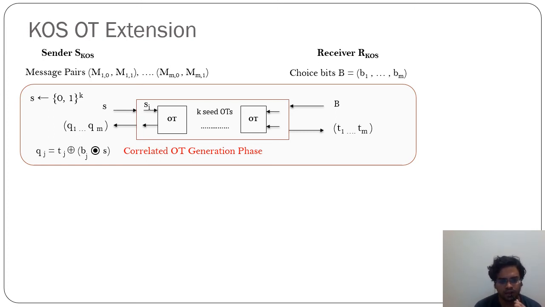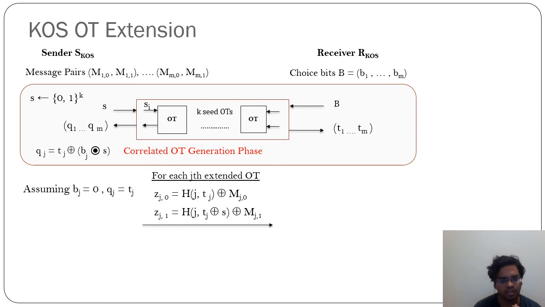Now they run a correlated OT generation phase, and then for each extended OT they obtain correlated random pads, which is Qj equals Tj XOR Bj dot S. That is, assuming Bj is equal to 0, then Qj is equal to Tj, and the receiver also obtains T1 to Tm.